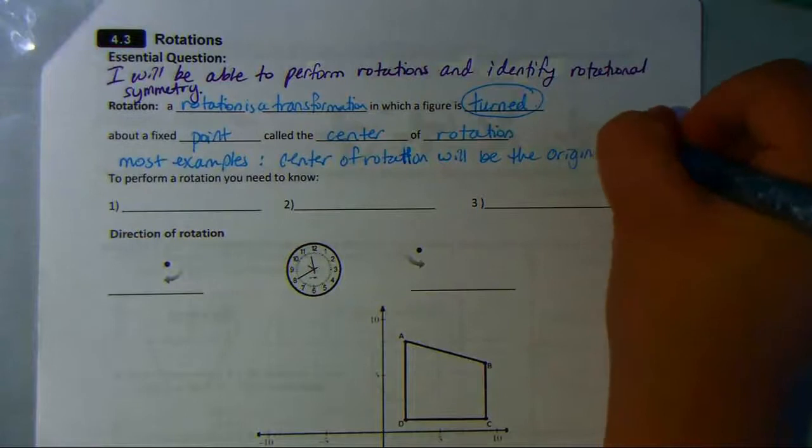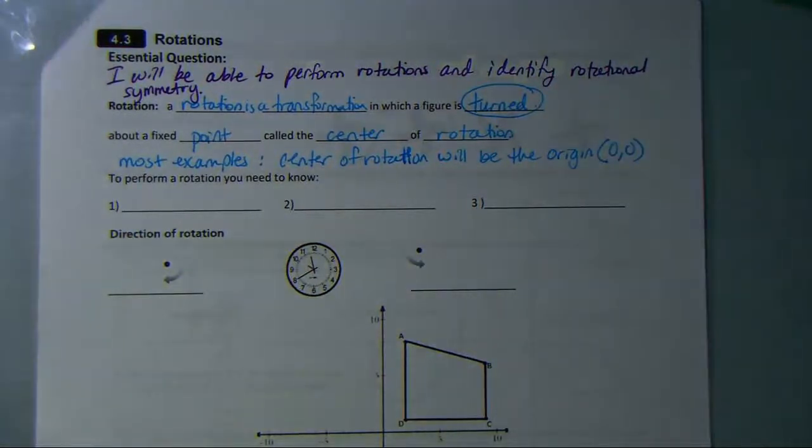And that's 0, 0 there. Most of our examples, the center of our rotation will be the origin, aka 0, 0.